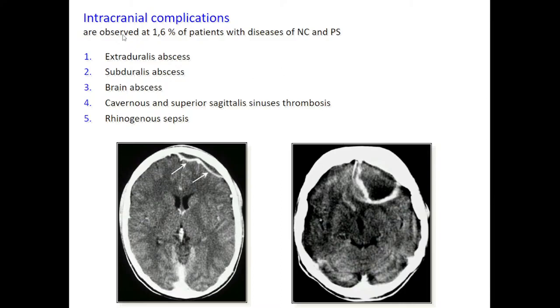Also, it may be brain abscess, and different sorts of thrombosis of sinuses, especially cavernous and superior sagittal sinuses. And it may be rhinogenous sepsis. So any thrombosis of sinuses must be managed as sepsis.